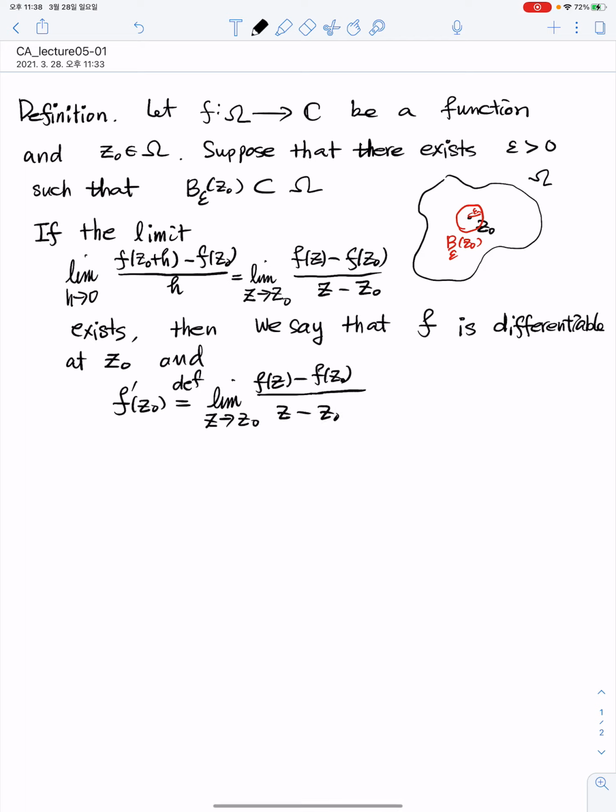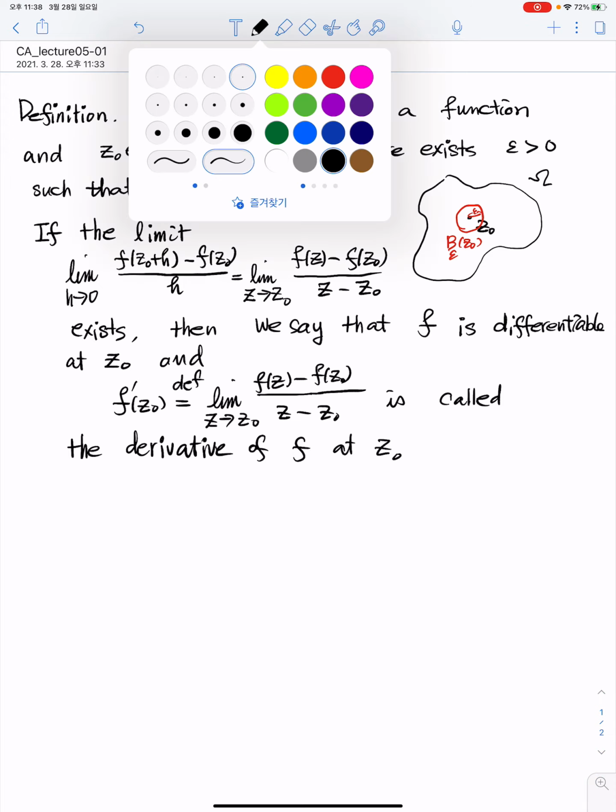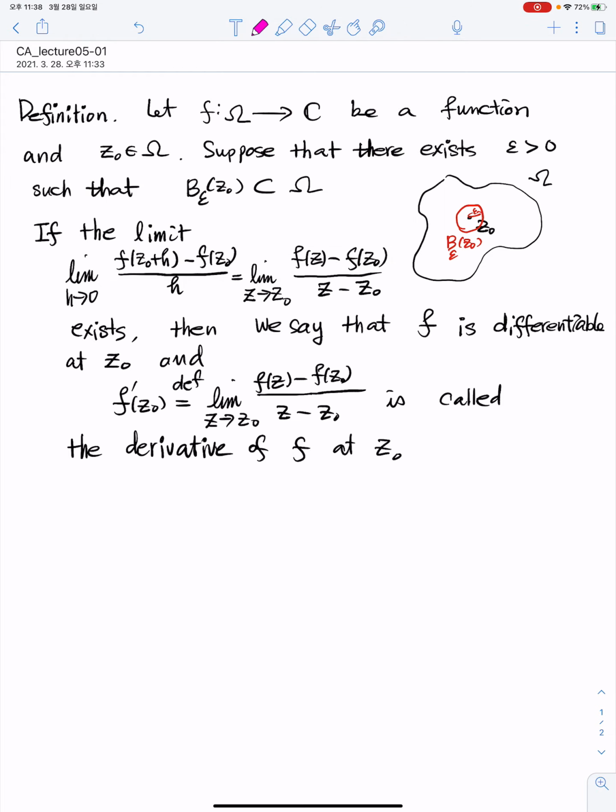And this guy is called the derivative of f at z0. Okay, so this is what we did at the last lecture. So f differentiable at z0 and the derivative defined in this way.